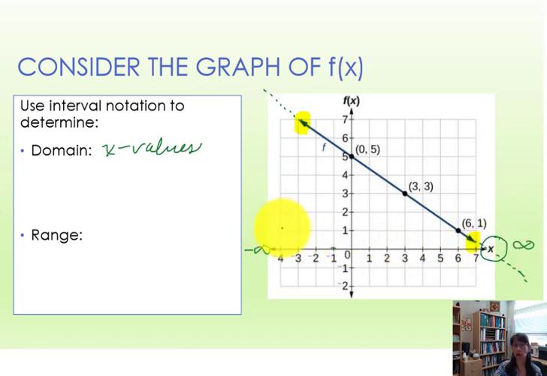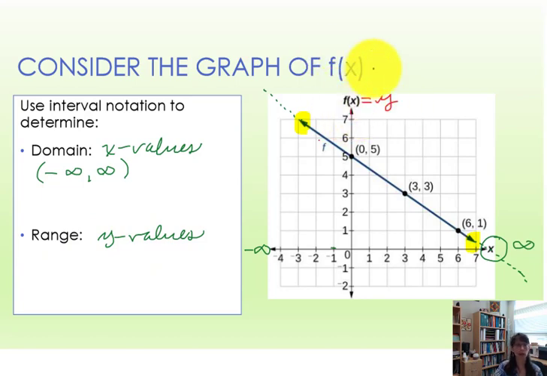This line continues in both directions indefinitely. So that would be from negative infinity to positive infinity. And notice now we're using a parenthesis. The parenthesis means that you do not have a stopping point. It continues.